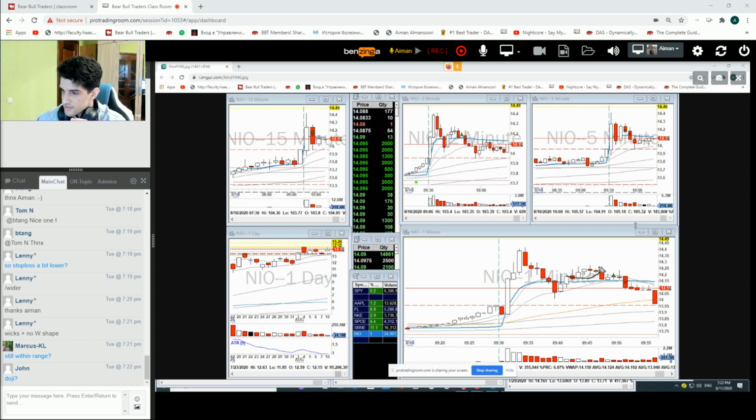Because of those candles, I would have been hesitant taking it to the long side, because now we have another pivot point forming right here, right? And even if it makes a new 1-minute high here, I would not be so confident it's breaking the highs of this. Basically, I would have liked it to the long side once it's breaking this level right here, 14.25, just to make sure that this indecision candle and this push back down is getting back in control by the bulls right here, right?